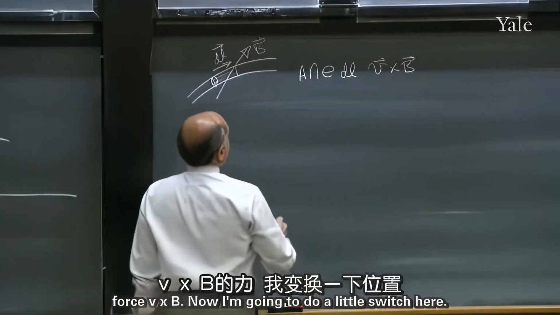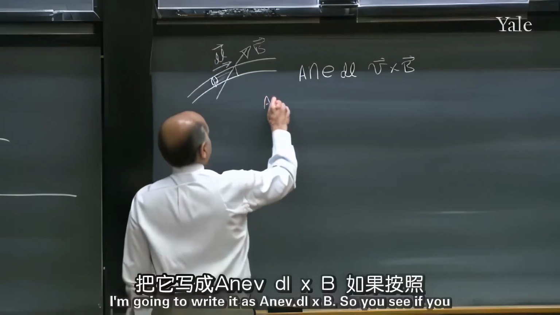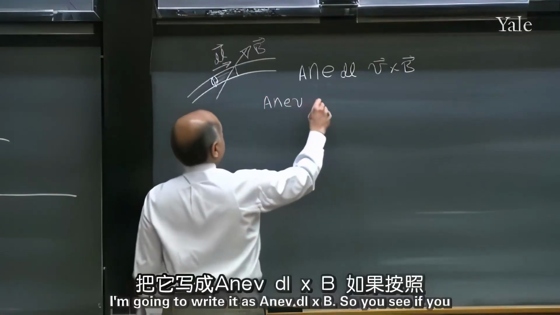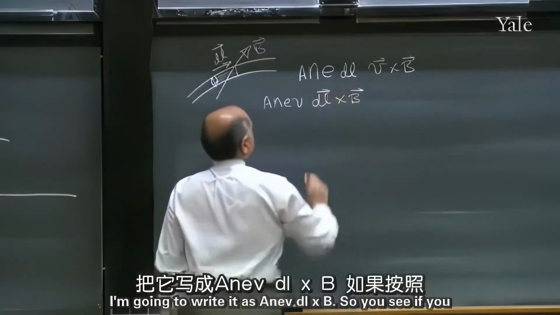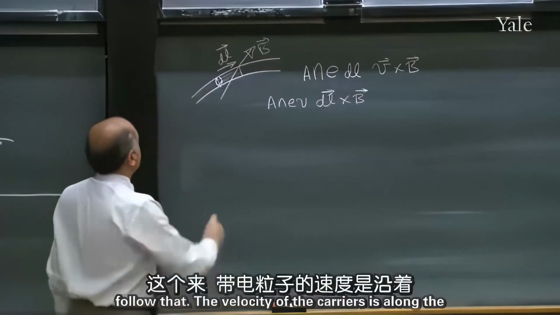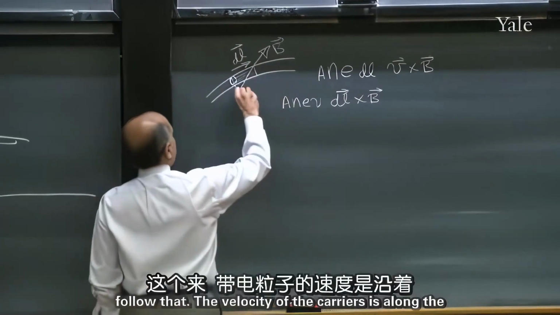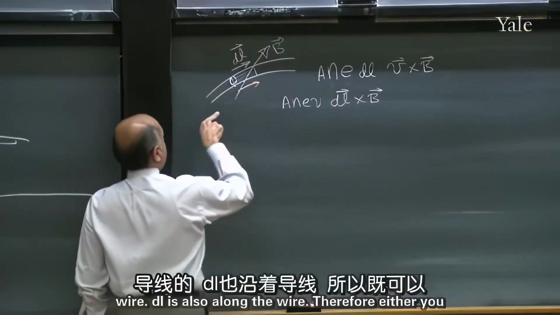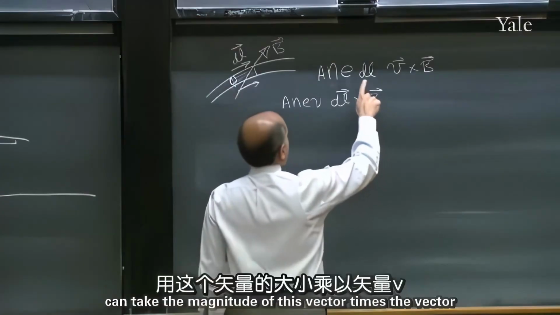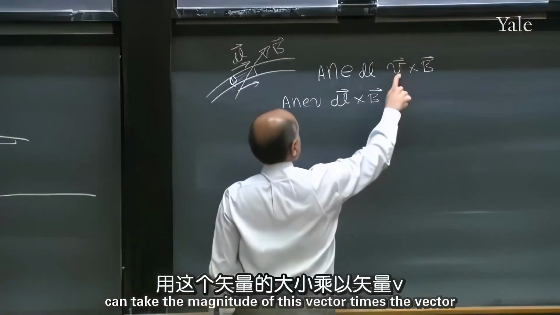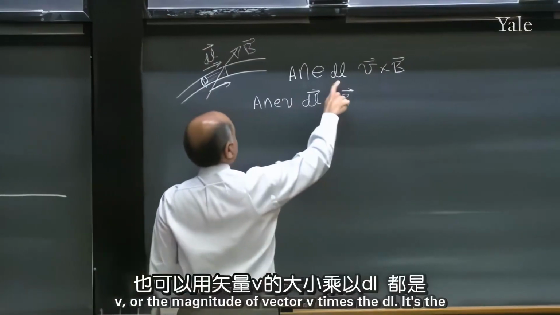Now I'm going to do a little switch here. I'm going to write it as A n q v dl cross B. So you see if you follow that. The velocity of the carriers is along the wire. dl is also along the wire. Therefore, either you can take the magnitude of this vector times the vector v, or the magnitude of vector v times the vector dl.